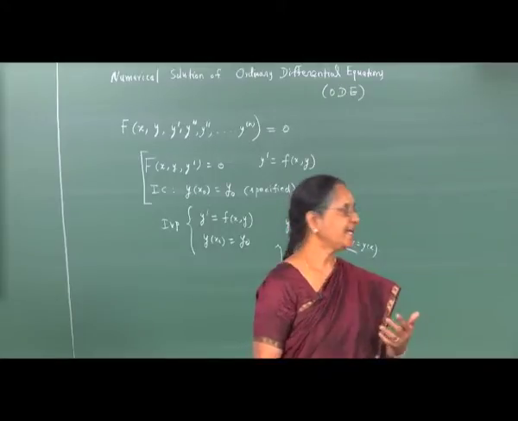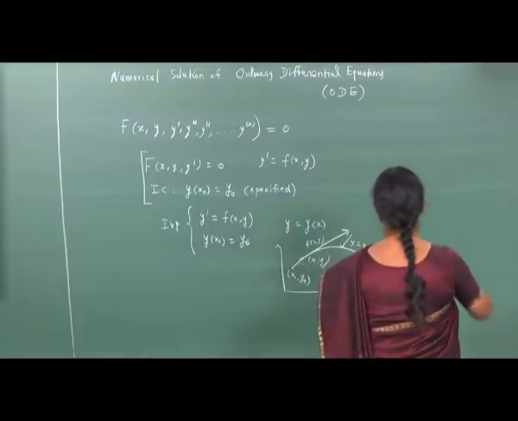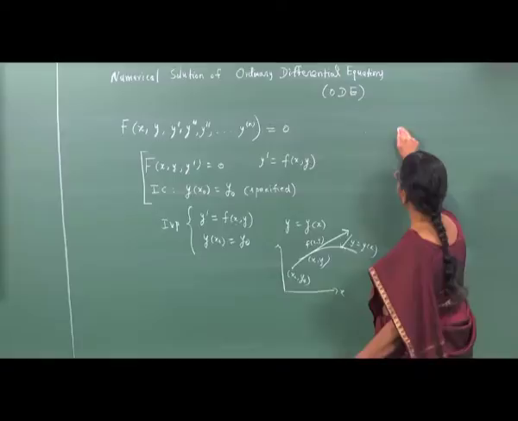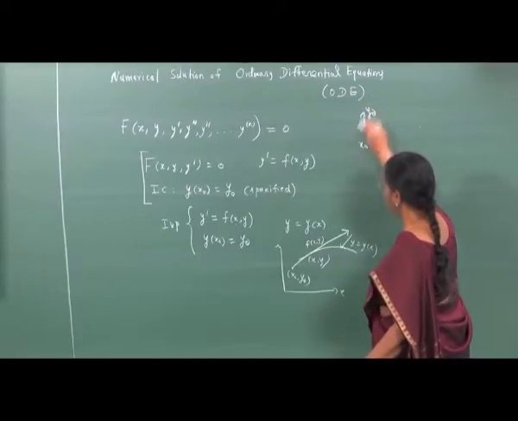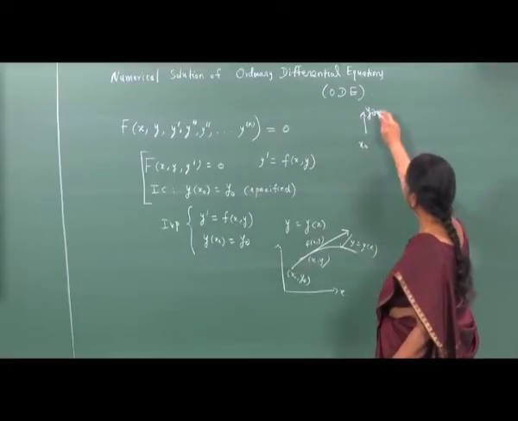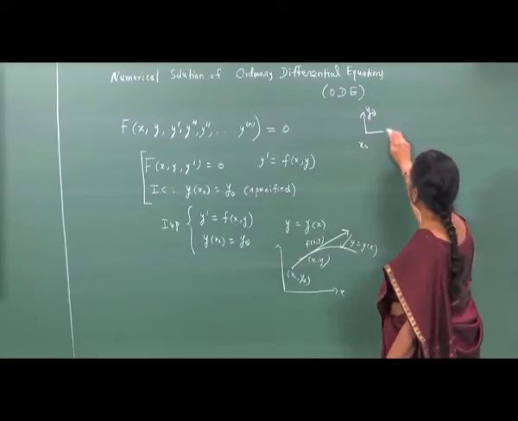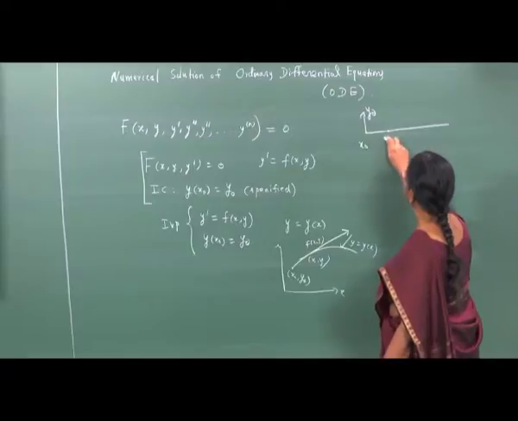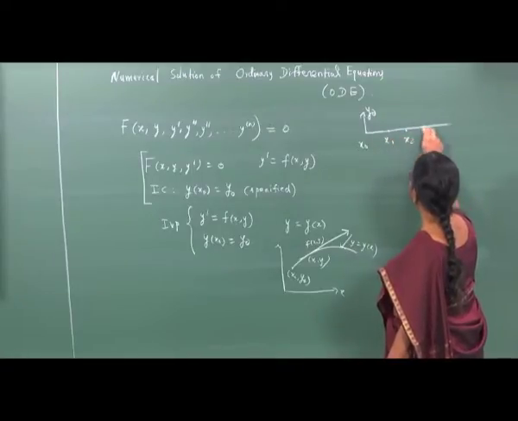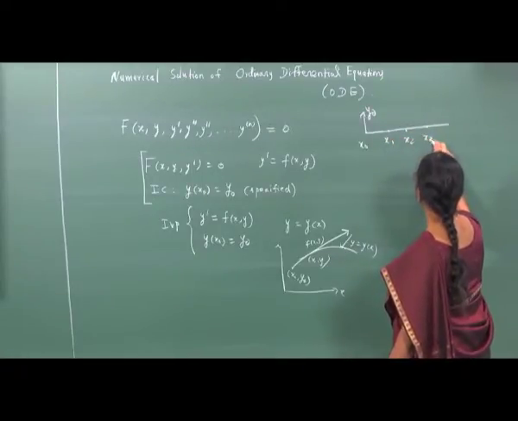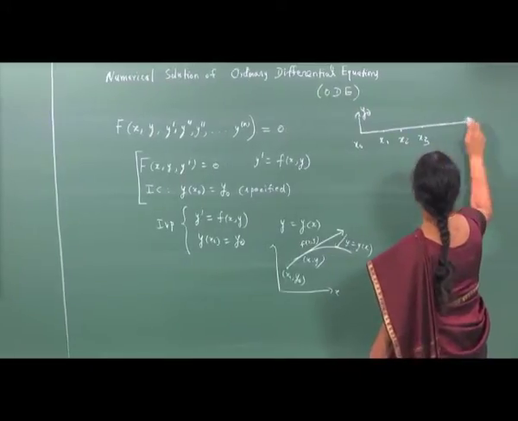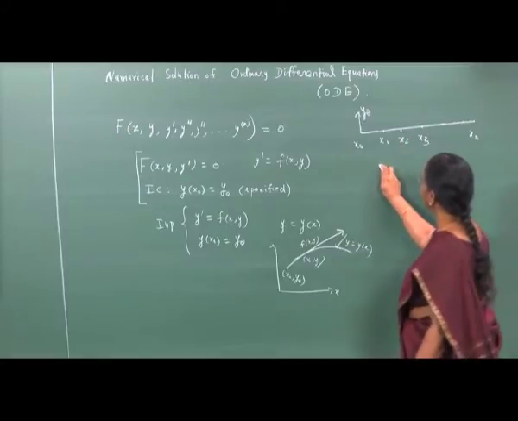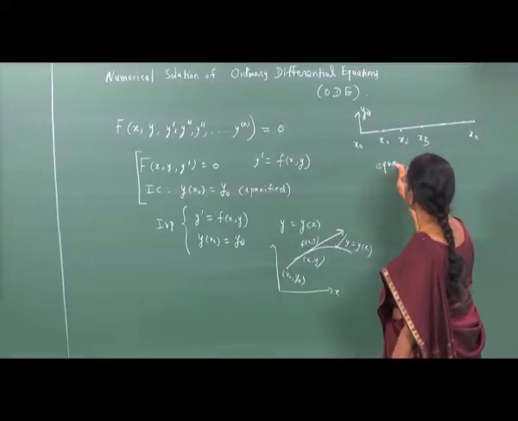Essentially, we would be getting the solution at a set of discrete points, say x naught, the solution is already known, namely the curve passes through the point x naught, y naught. So, I will be moving ahead and determining the solution at a set of points, say x1, x2, x3 etc., say xn, where these points are equally spaced.